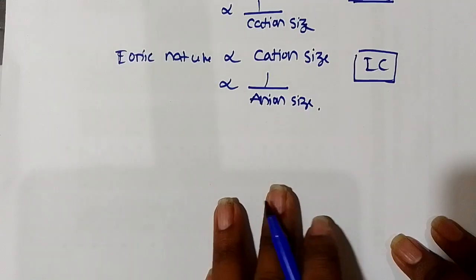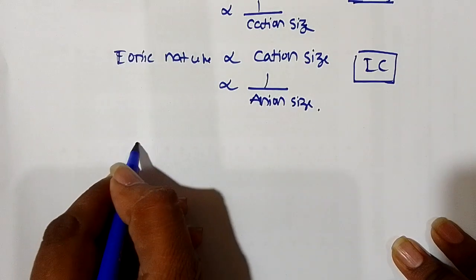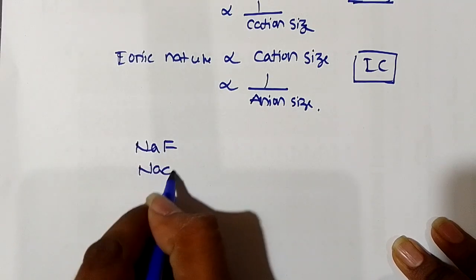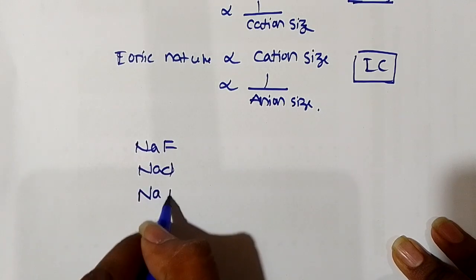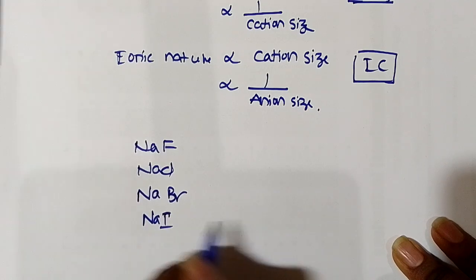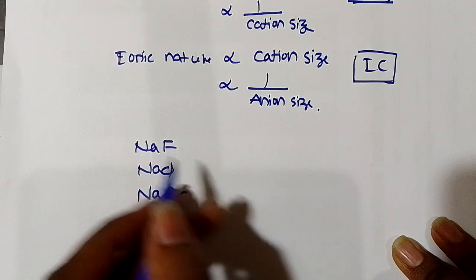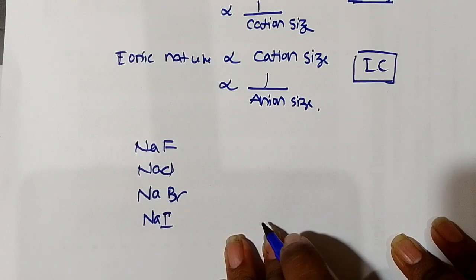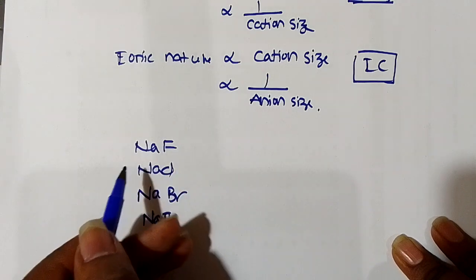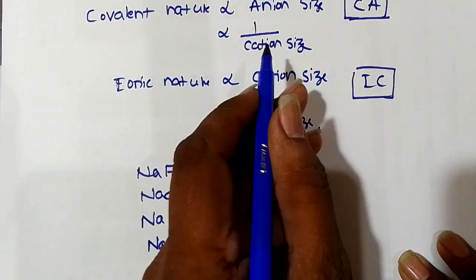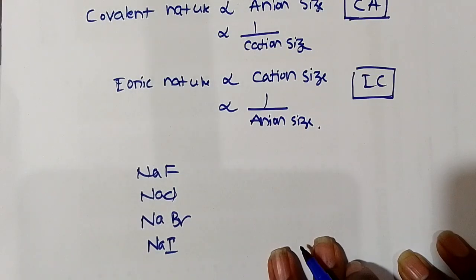Now we see some examples. NaF, NaCl, NaBr, NaI, sodium iodide. In these compounds we have to find out which one has more covalent nature and which one has less covalent nature. Covalent nature is directly proportional to the size of the anion.